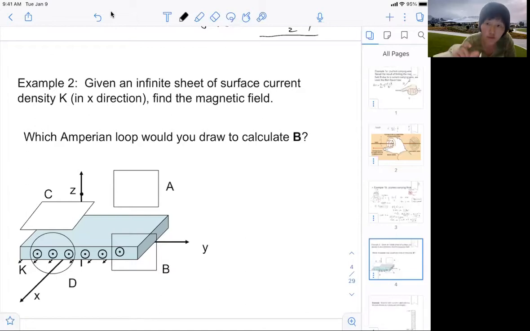If I do the right hand rule, with my current flowing this way out of the page, my B wraps around in a circle. Is that correct? Yeah.